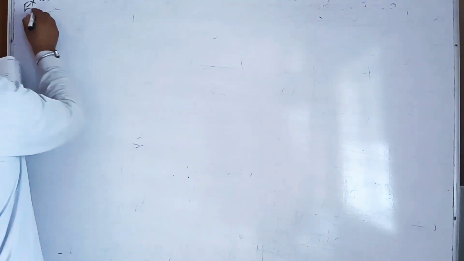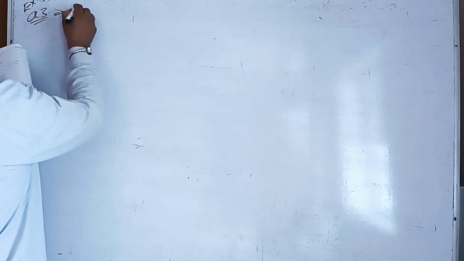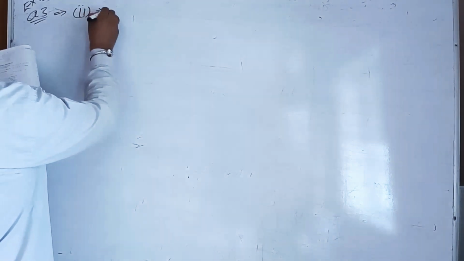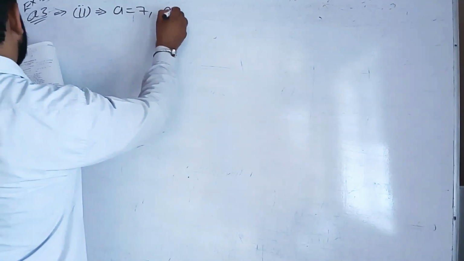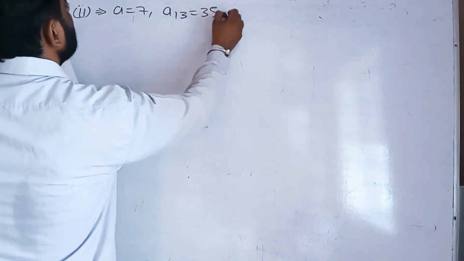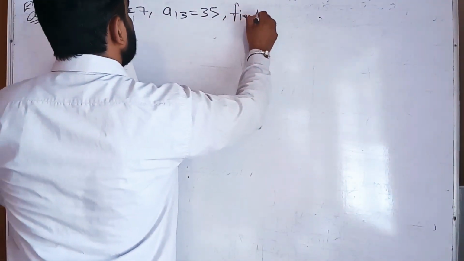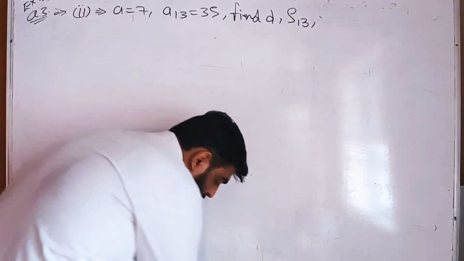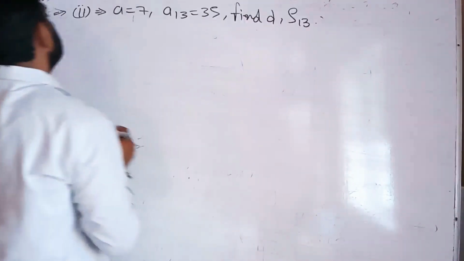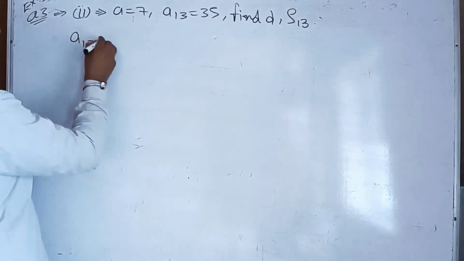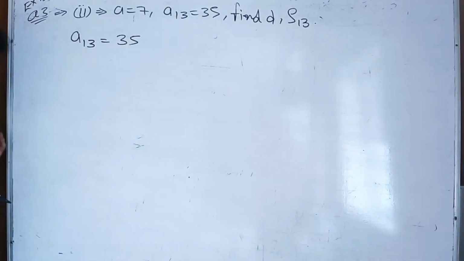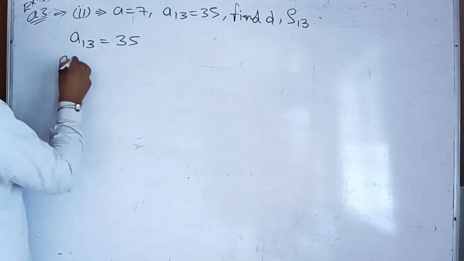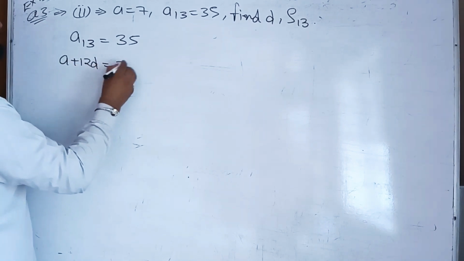Now we will start the next question. A equals 7, A13 equals 35, and you have to find D and S13. Since AN is given, consider A13. A13 equals 35, so you write A plus 12D equals 35.